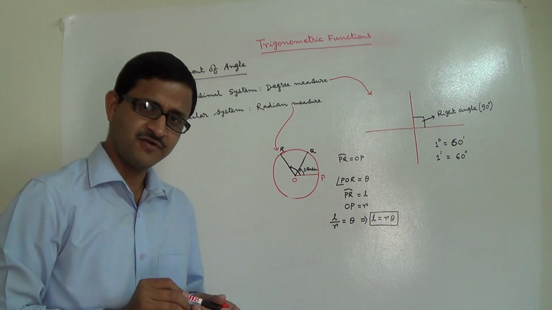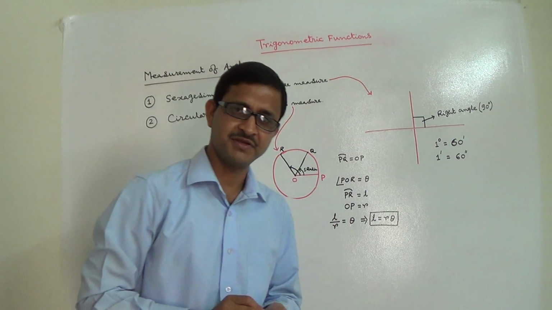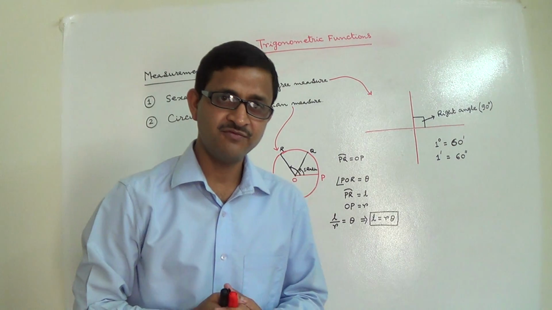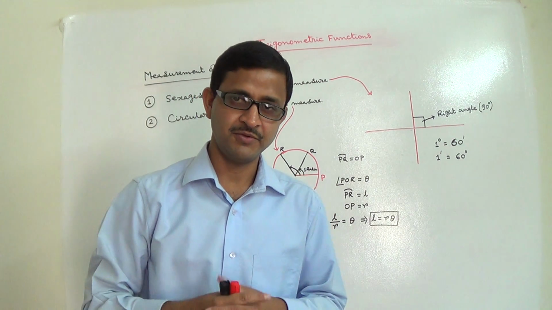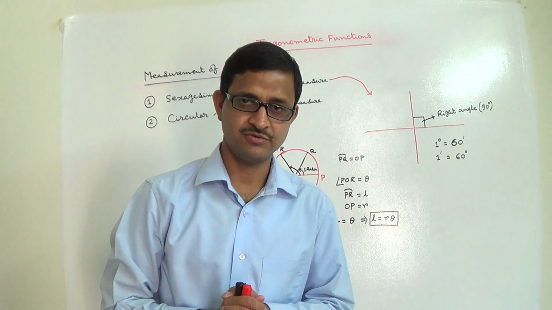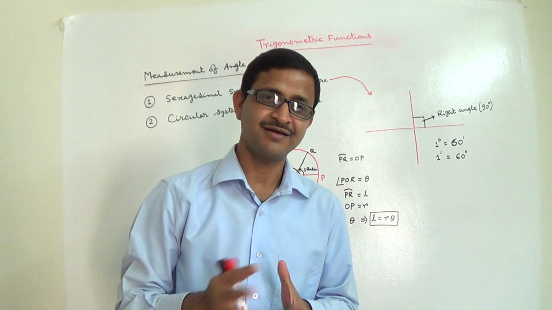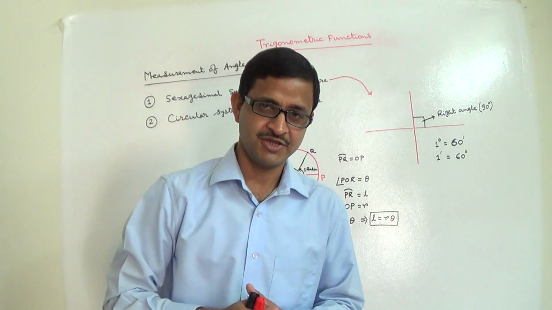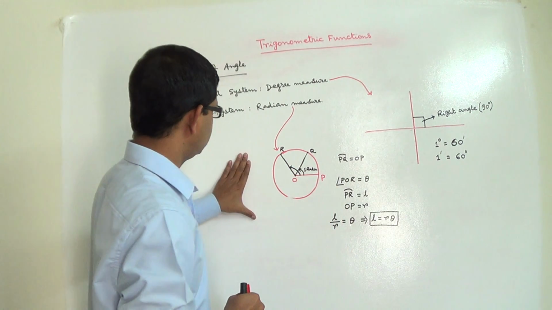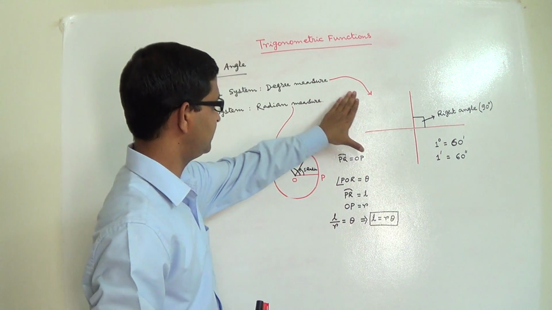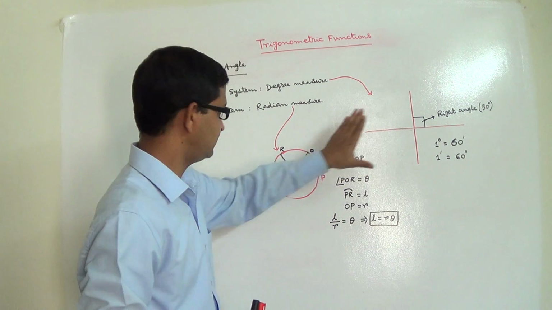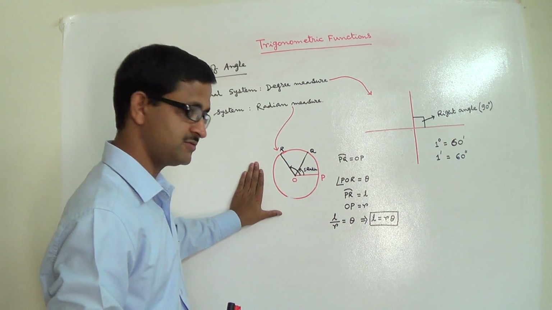So this is a formula, L equal to R into theta, that will be helpful to solve some numerical problems related to angles, arc length on circles and this thing. So now we got the point about the degree measurement and the radian measurement.